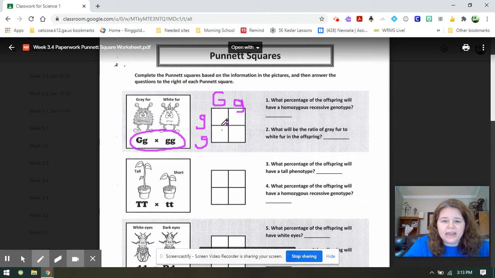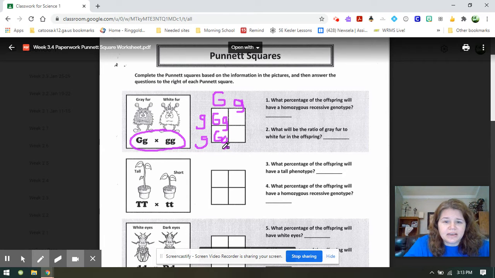And then we go ahead and fill in this box. So this is going to be a capital G and a lowercase g. That's going to give us a heterozygous possibility. And the same for the bottom. Remember, we take this big G down, and then we take the little g across.